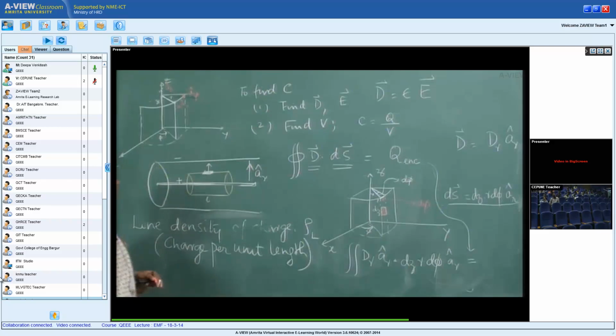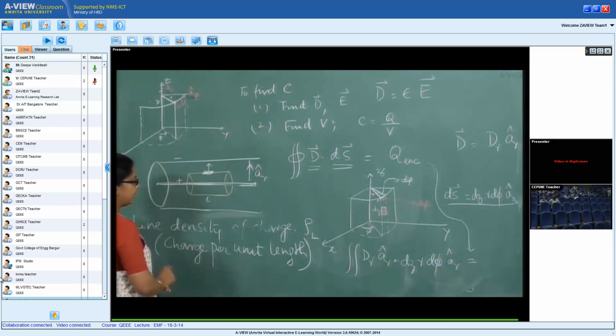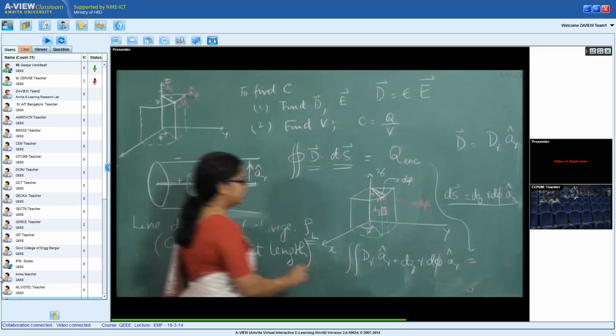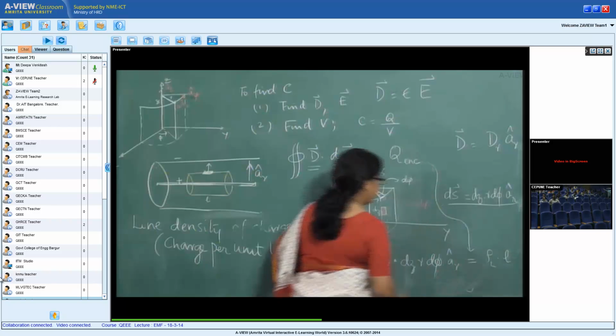Now what is the charge enclosed? If I am considering an element of length L, and if rho L is the charge per unit length, this would be rho L times L.